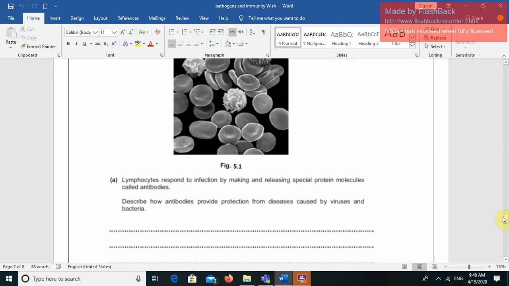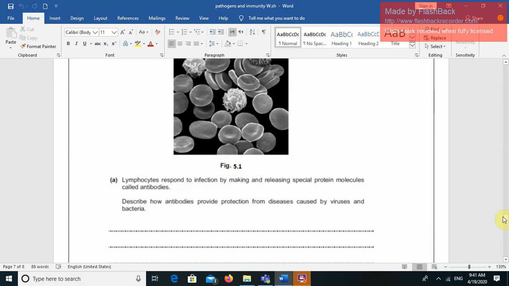As we said in question 4, they clump and they immobilize the movement of the pathogen. So question 5, they attach to the antigen, fit complementary to it. This is 1. 2, immobilize the pathogen or prevent its movement, its entry to other cells, or its multiplying.